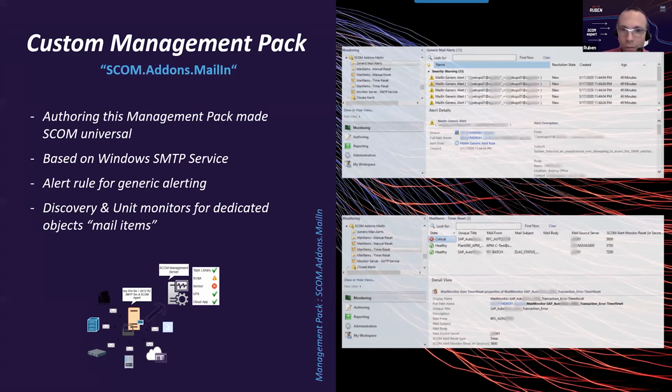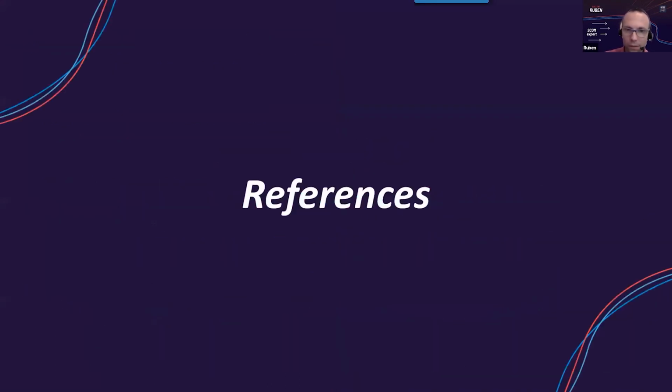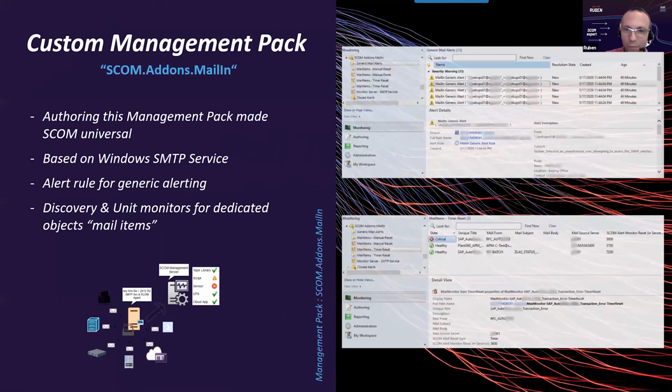Alternatively, if you always want some interaction to be required, you can use the manual type, and then a SCOM operator really needs to go to the monitor and reset it after the issue has been fixed. So you have two choices.